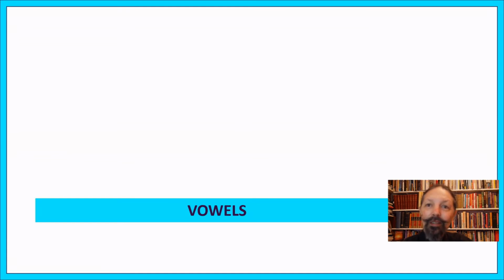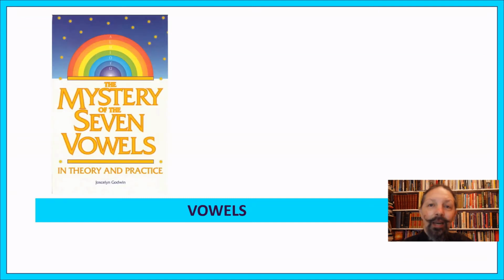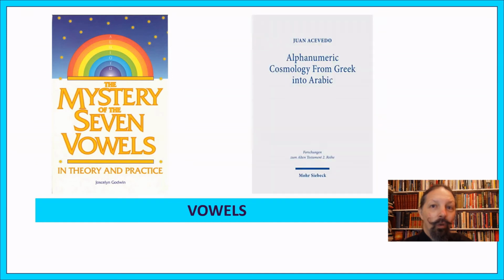This kind of stuff, if you're interested in looking into it, comes in with books like Jocelyn Godwin's The Mystery of the 7 Vowels, or Juan Acevedo's Alphanumeric Cosmology from Greek into Arabic, where he looks at the traditional relationships between numbers and letters, and how they were seen as elements, basic building blocks of creation. And one of the terms he uses is dancey. And anyone who calls vowels and consonants dancey has a lot of respect from me.